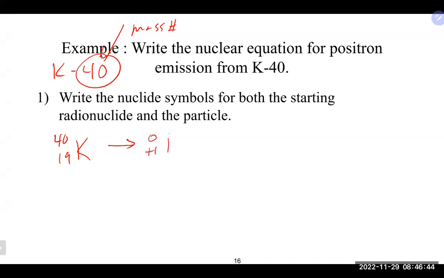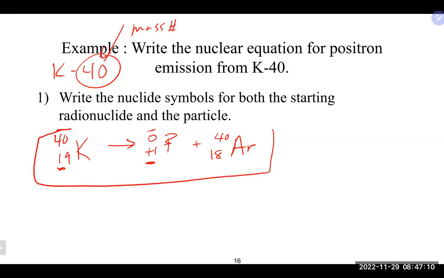And again, whatever you would like to use, either the beta symbol or the E is all good. In this case, we just really need to find the missing atomic number. So to get us to 19 on the other side, that looks like 18 is what we need. Once again, we could go back to the periodic table there, and 18 is argon. Up on top, we have 40 and 0. So 40 would be there. There we go. Any questions?